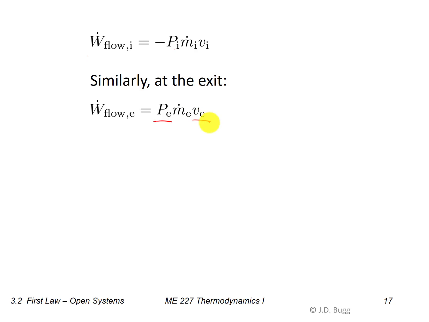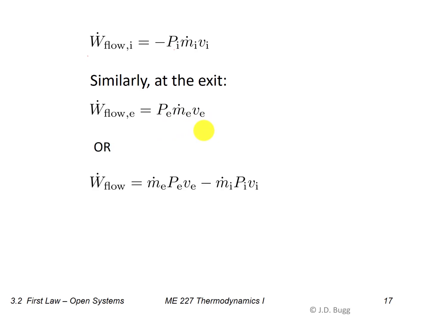And the second difference, at the exit, the system is pushing material out into the surroundings. So the system is doing work on the surroundings, and that, according to our sign convention, is considered positive work. So therefore, this is positive instead of negative. Other than that, everything we said at the inlet applies at the exit.